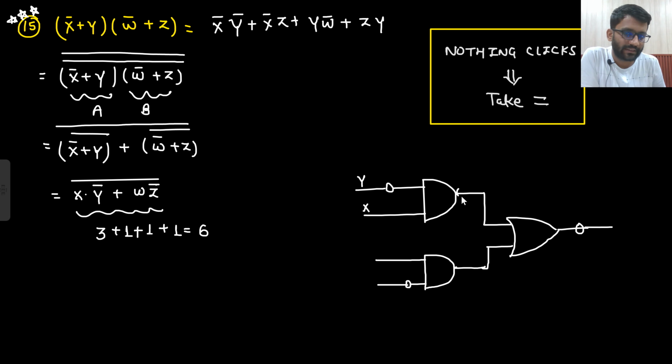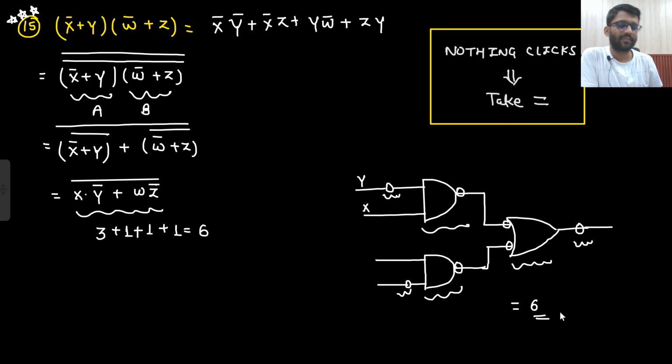If you need to make this as AND gate, then another bubble you will introduce here, and this as an AND gate, then another bubble you will introduce here. 1, 2, 3, 4, 5, and 6. Answer is 6. Okay, so that is the answer.